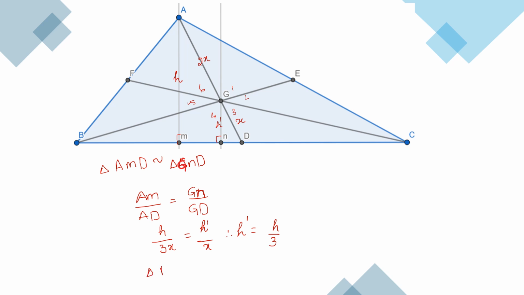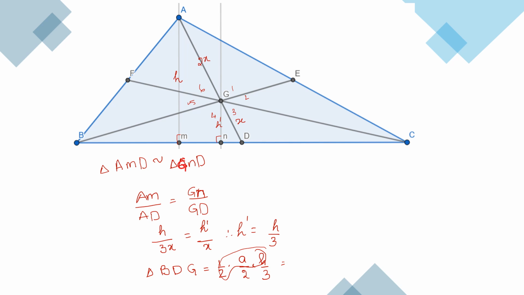So, area of triangle BDG is equal to half of, D is the midpoint of BC, so a by 2 into h by 3, whereas area of triangle ABC is half a h.